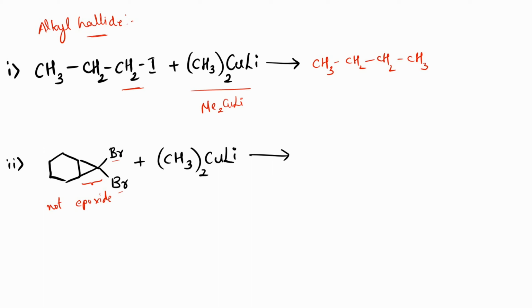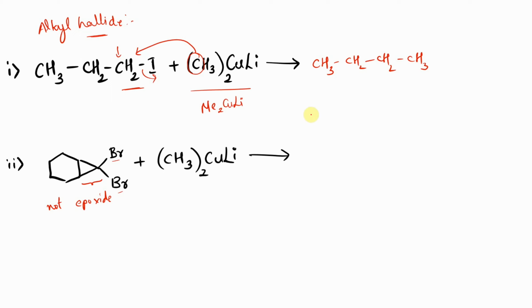So what happens in this reaction? We are considering the bond formation between one of the CH3 groups of the organo Gilman reagent and the carbon attached to the iodine group. This is similar to an SN2 type of mechanism. So the CH3 group will be attacking from this side. As a result, iodide will be left out.